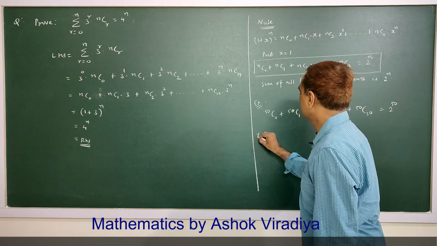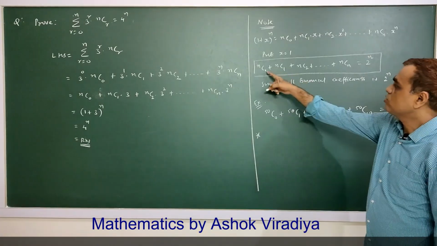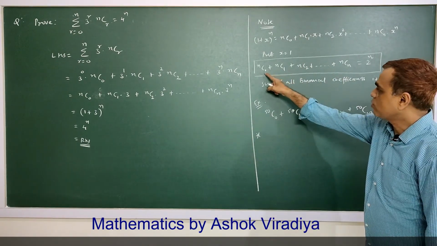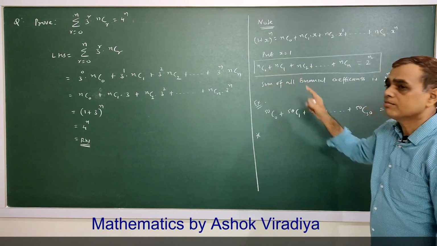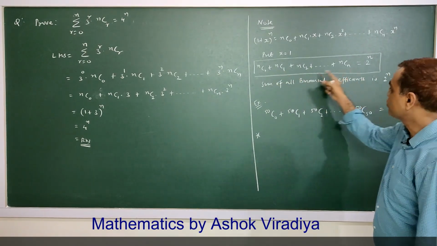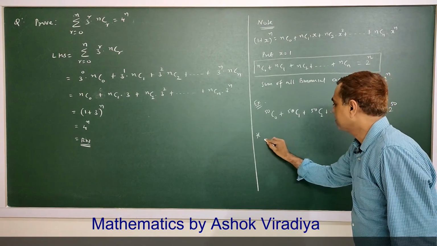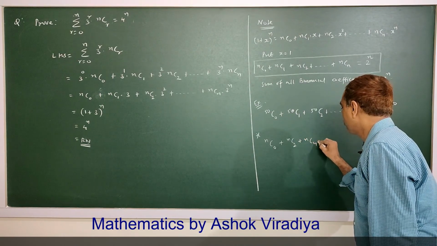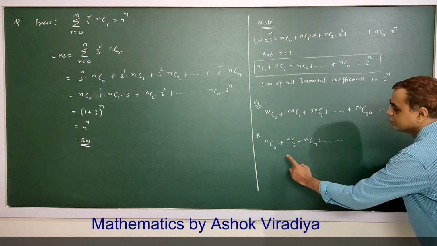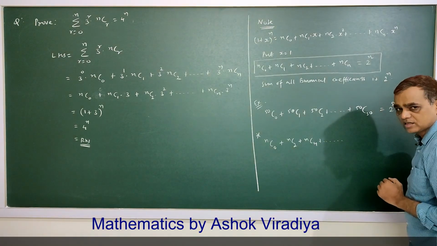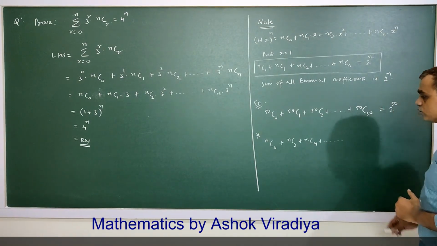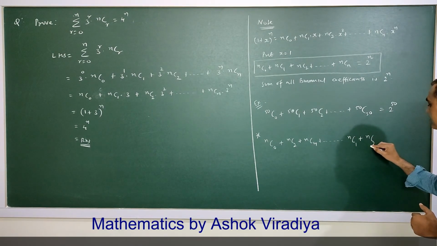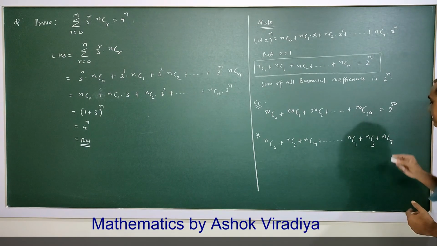Then, now in this expression, on the left hand side, these are n plus 1 numbers. In these n plus 1 numbers, I am putting here nC0 plus nC2 plus nC4, means those numbers in which r is even, and those numbers in which r is odd, nC1, nC3, nC5.